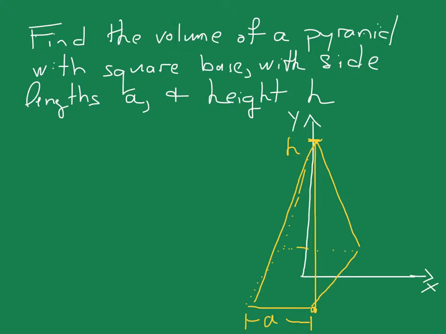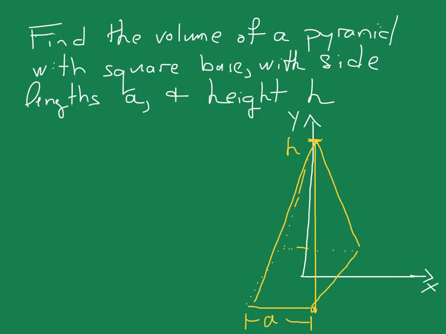as in class, I've drawn my pyramid here so that the center of the base of my pyramid lies at the origin, where I've drawn this set of axes, y-axis and an x-axis. Now, what do we know? We know that this pyramid is supposed to have a square base of side length a, and it's supposed to have height h.